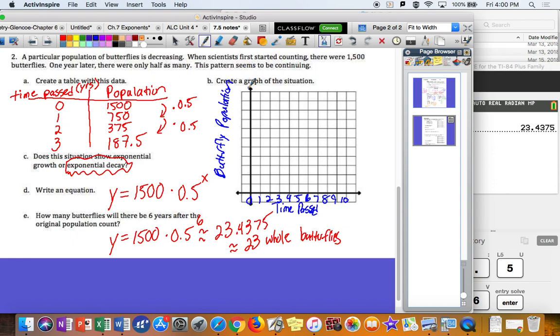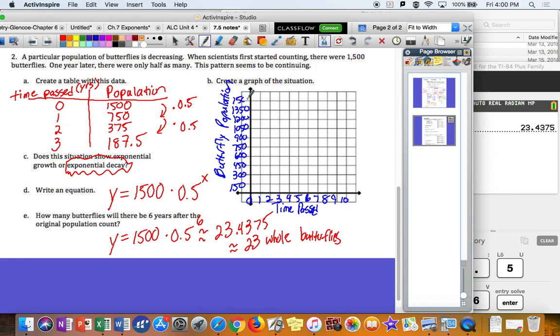Let's go by maybe 150s, 200s even. So 150, 300, 450, 600, 750, 900, 1,050. We have 1,200, 1,350, and 1,500.